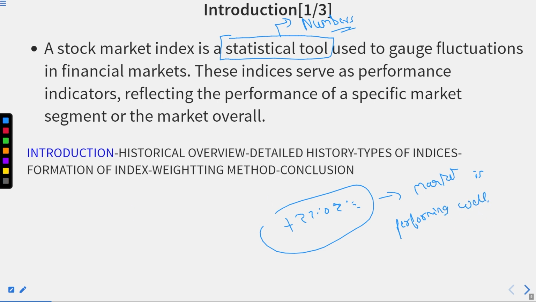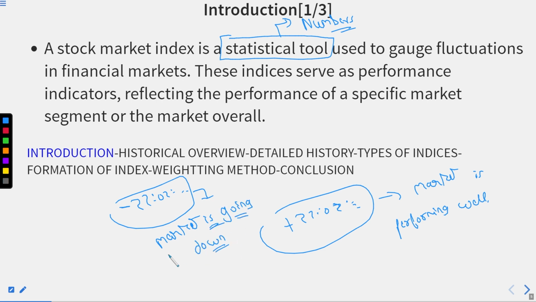But if it is the other way around, it means the market is going down. That's why it is known as a statistical tool, because the numbers used here are indicators which show you the correct picture.